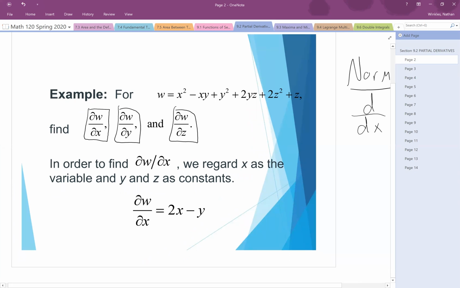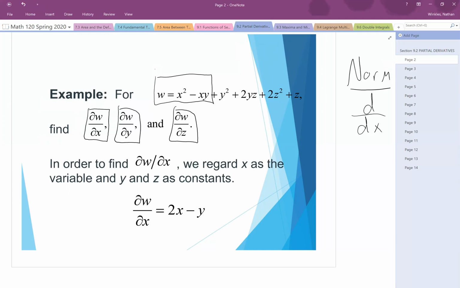So in order to find the partial derivative of our function w with respect to x, if w was equal to x squared minus xy plus y squared plus 2yz plus 2z squared plus z, yes, that's a lot of different style terms in there. But the only ones that I care about for partial with respect to x are these pieces only, x squared minus xy, because those are the only ones that have an x involved in them.